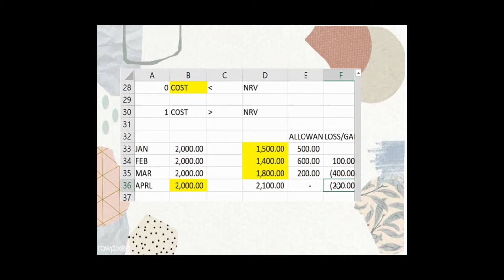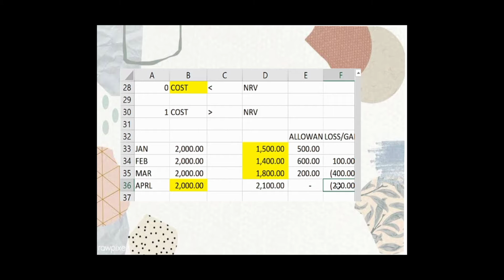So, nung February, 2,000 pa rin yung cost mo. Tapos, tiningnan mo, 1,400 na lang yung NRV mo. So, yung allowance mo as of February is 600. Lalabas, meron kang loss na 100. Nung March, yung cost mo 2,000 pa din, and yung NRV mo naging 1,800. Ang allowance mo 200.